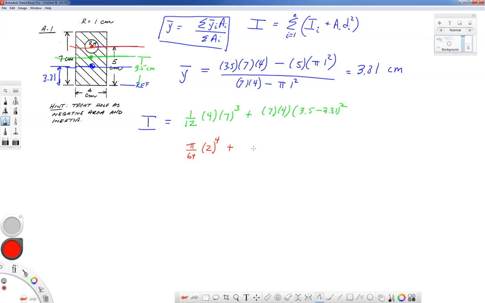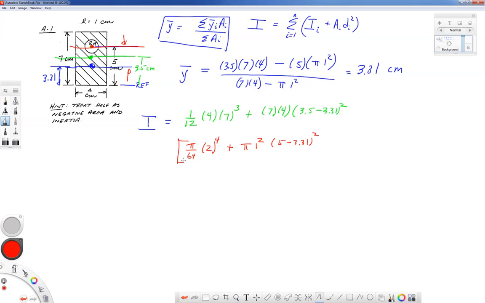And then I also have the area of the circle, pi r squared, times the distance between the centroid of the circle and the centroid of the entire piece squared. So in this case, it would be 5 minus 3.31 quantity squared.